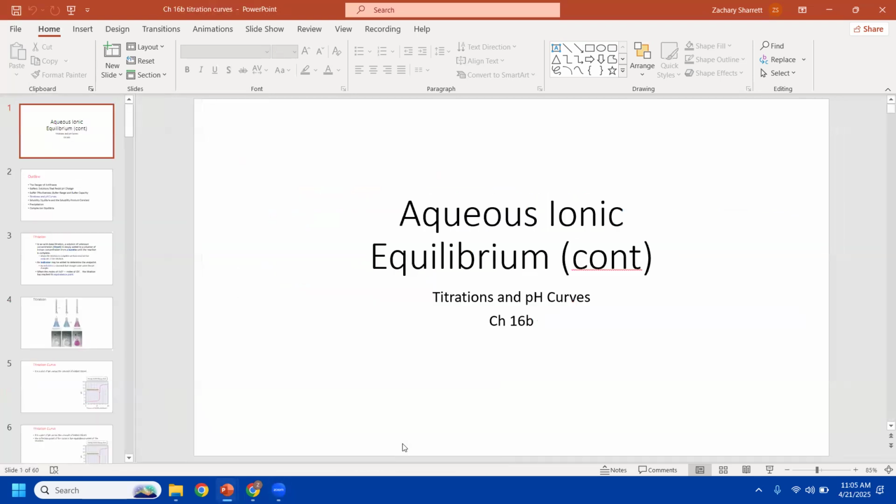16B is kind of like an accumulation of all these things that we've been looking at. Okay, what that means is, pretty much, this is titration and pH curves. So we're going to be doing a titration this week in lab.